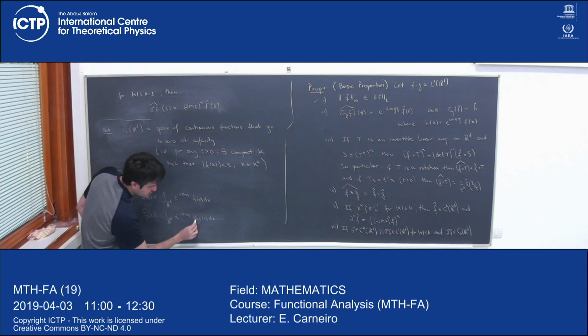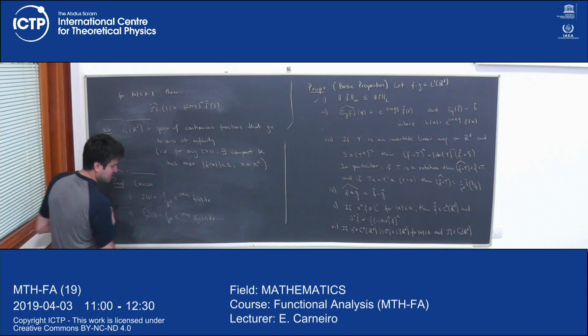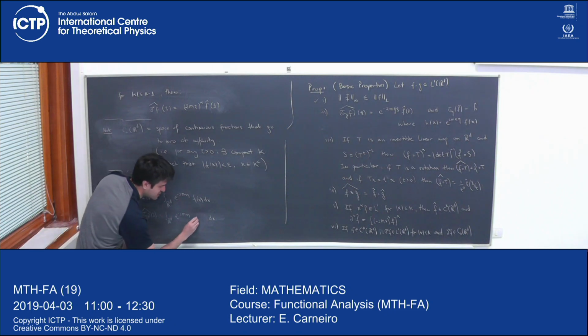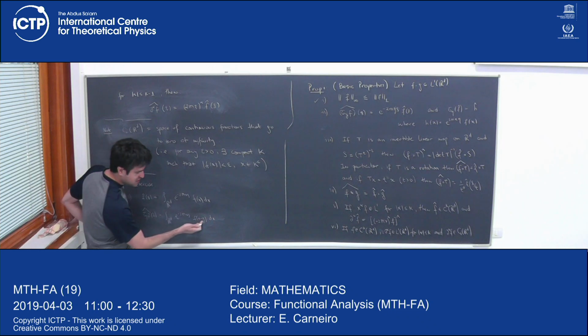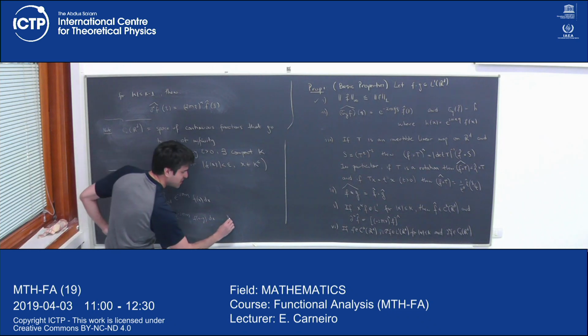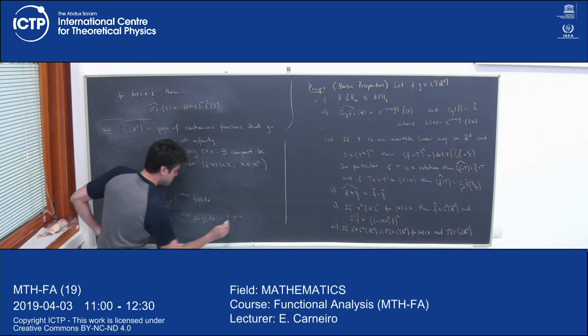Now, the definition of the function tau_y f at the point x, you know what it is. This is the function f of x minus y. y here is a fixed vector. Now it's just a matter of changing the variables. You just call x minus y z.